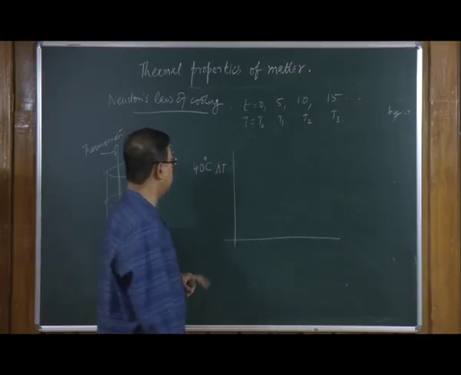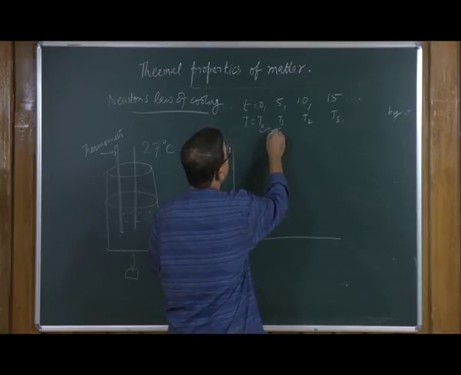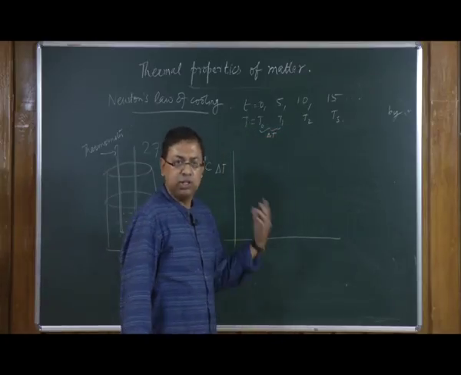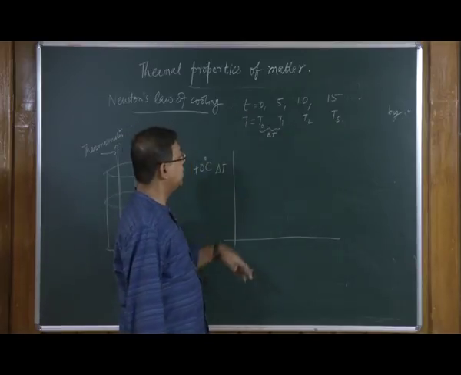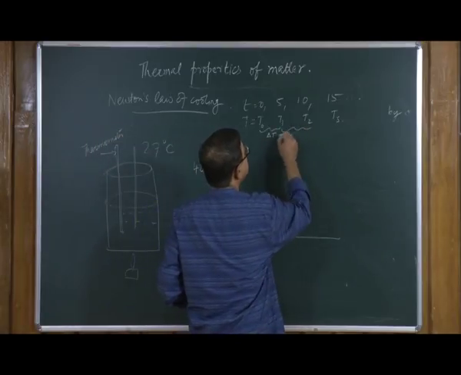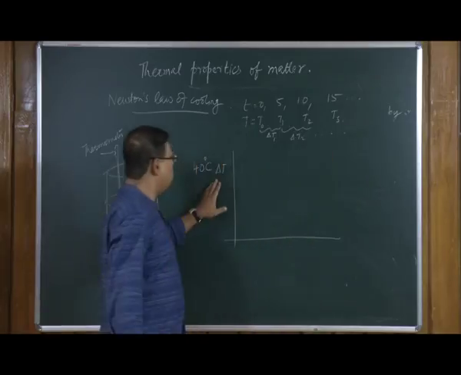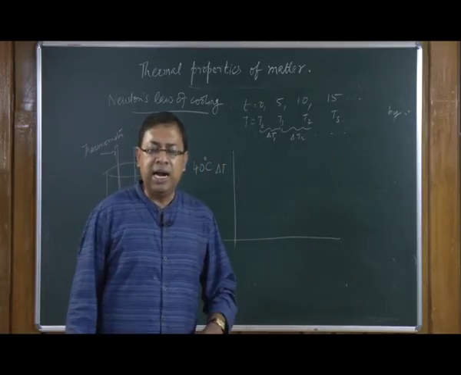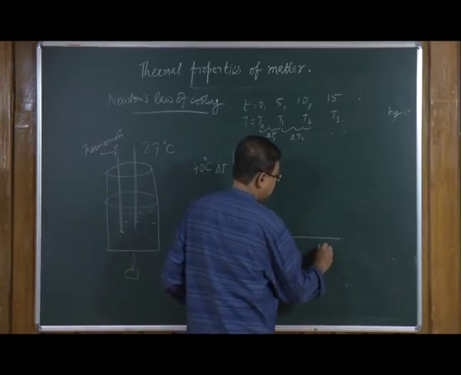And you want to note down a delta T, which is equal to T0 minus T1, because you have heated up the substance, and this is T1 minus T2. So, this is delta T1, this is delta T2 and so on. So, you want to record this delta T, or the change in temperature, with time.